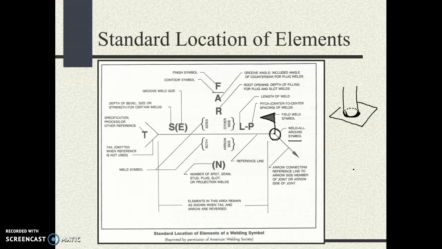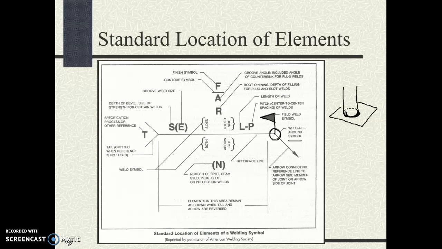If you're estimating how much time and money a job is going to be, it's important to know if you can do the weld in the shop, which can be done under controlled conditions and convenient and clean, versus a field weld done in the field. You might have to deal with weather conditions. It could be dirty. The location of the weld could be difficult to get to, and so field welds are more expensive.